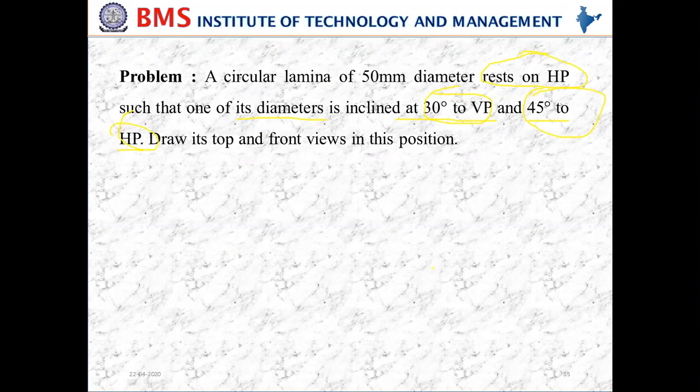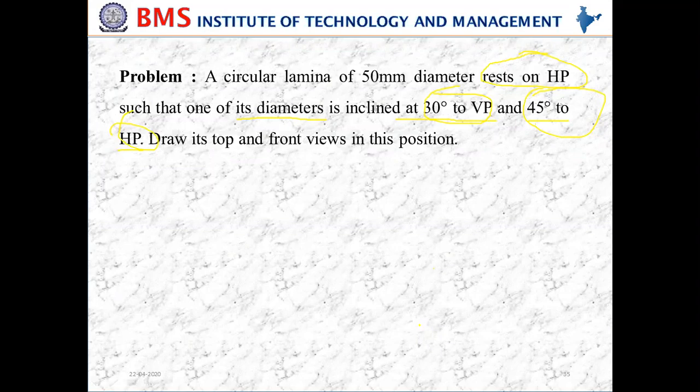So the inclination given is the true inclination. When the true inclination is given in the third question, we need to find out the beta. Why do we need to find out the beta? Because in the second question the diameter is not equal to the true diameter.